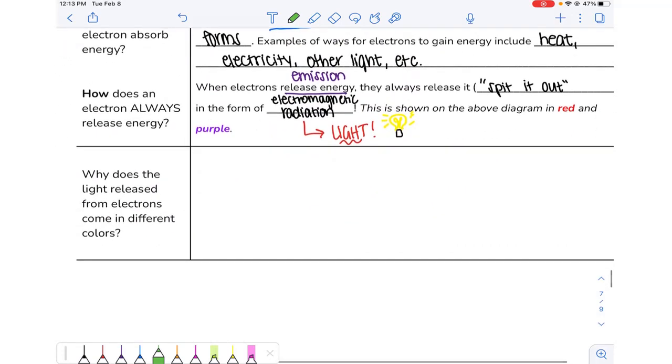So why does the light release from electrons come in different colors? Because it depends on the amount of energy that's being released. So the wavelength is directly related to that amount of energy.